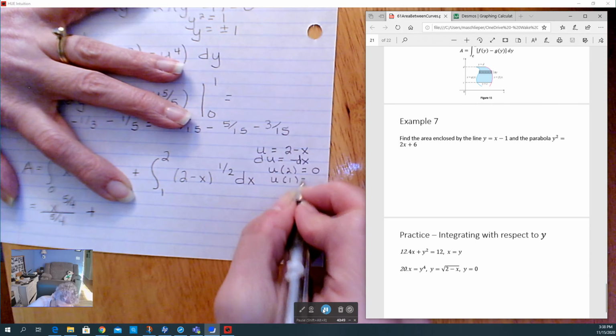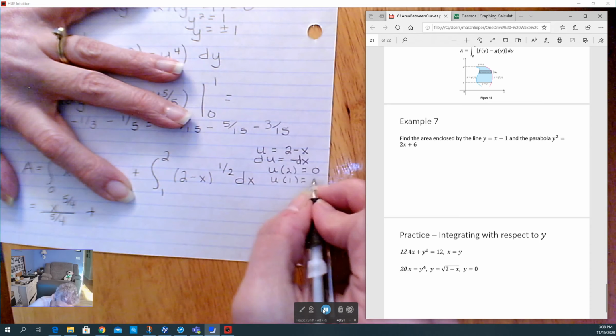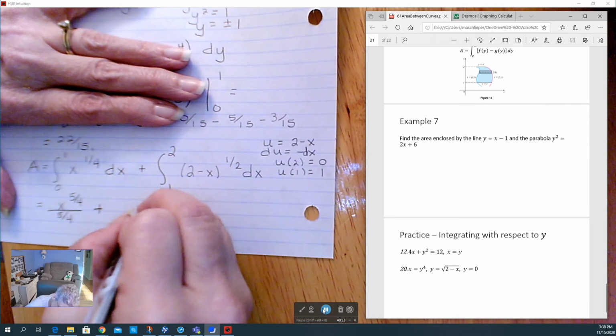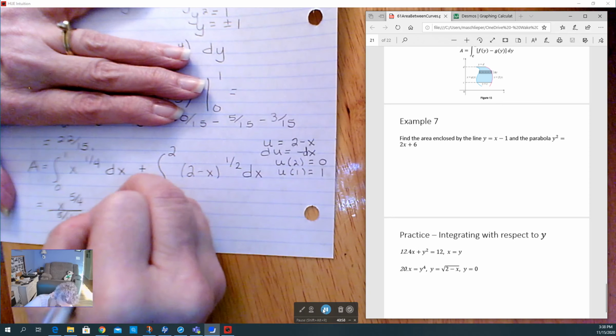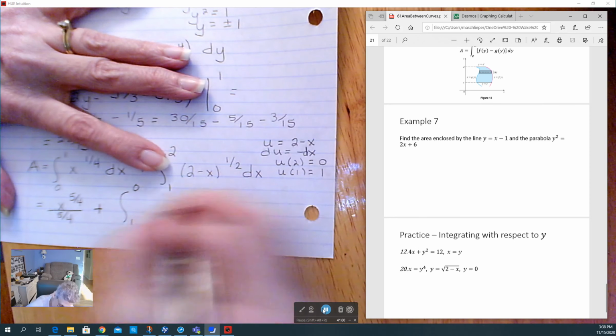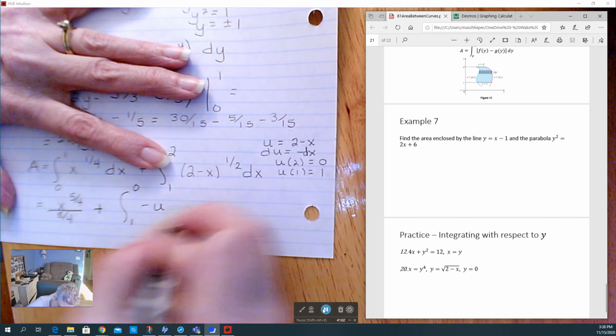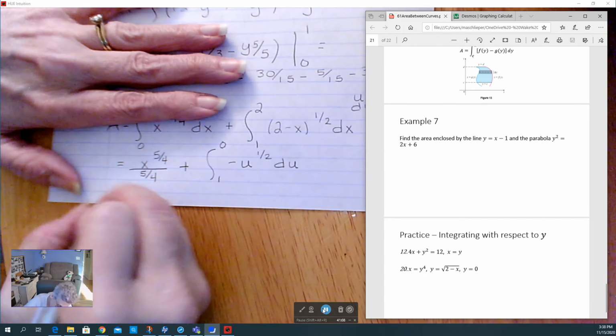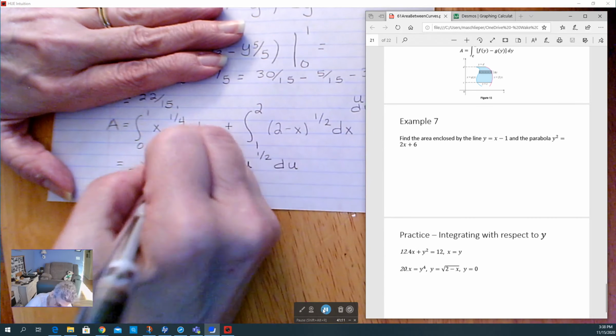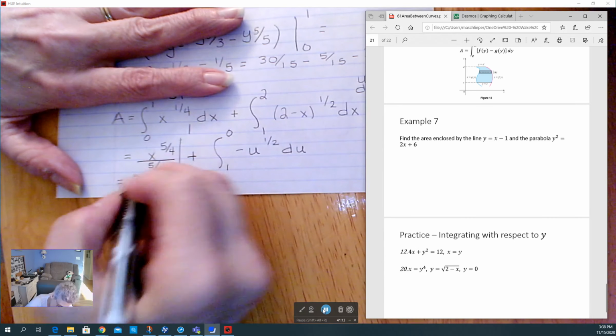U evaluated at 1 is equal to 2 minus 1, which is 1. So this is the integral from 1 to 0 of negative u to the 1/2 du. And this is evaluated from 0 to 1.